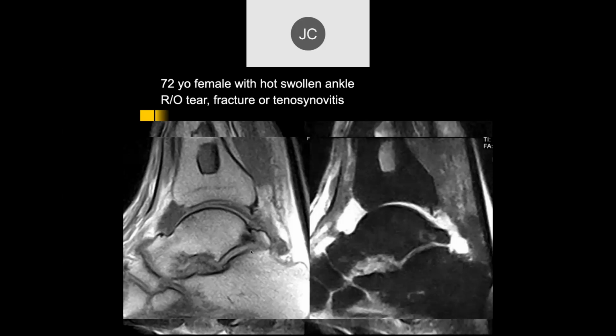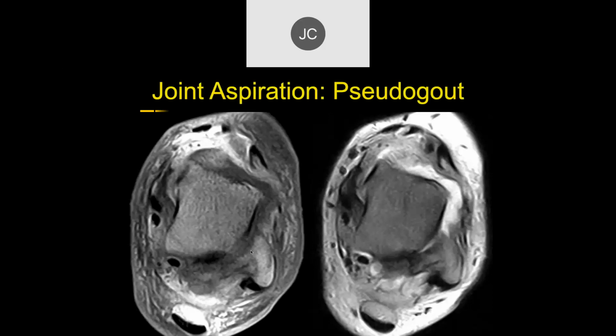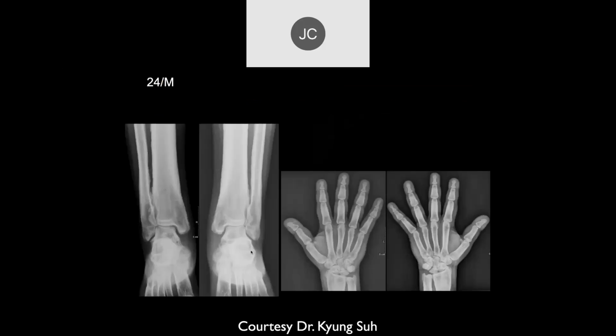Sinus tarsi is abnormal. Along the lateral side, a lot of synovial thickening, synovitis. And this was aspirated. It could be rheumatoid arthritis, could be gout. This turned out to be pseudogout. Calcium versus uric acid.